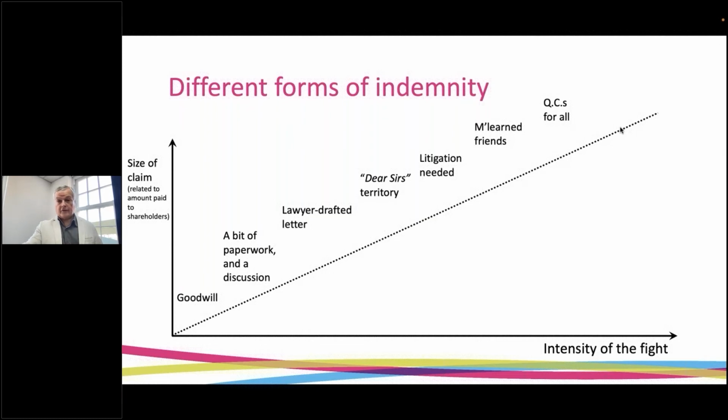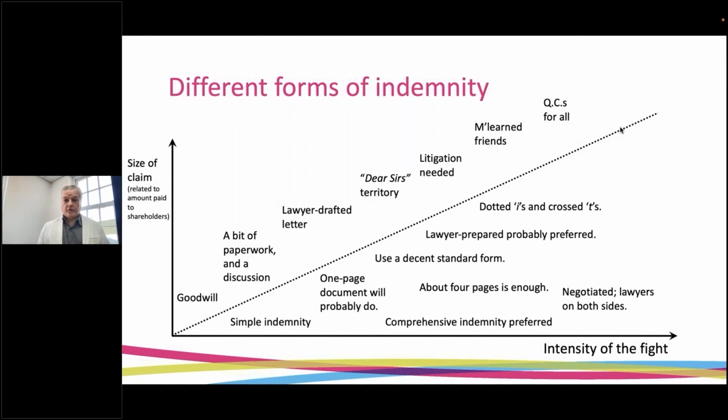At the other end of the scale, you may find that you actually need to issue proceedings. It could be turned into a contested case, and worst of all worlds would be very senior barristers on both sides.